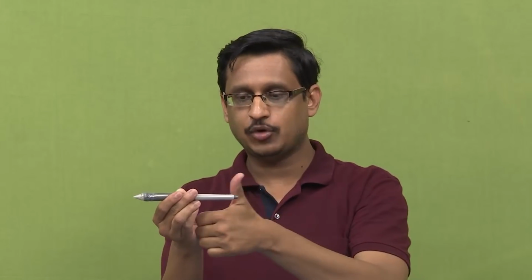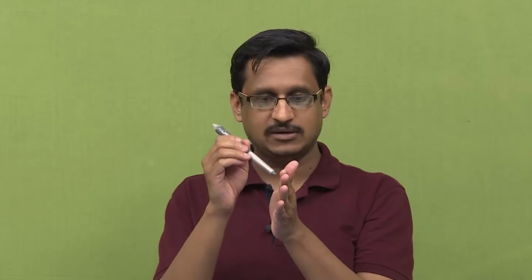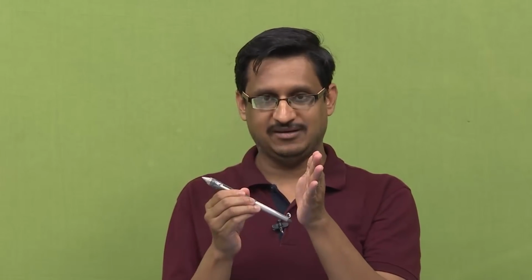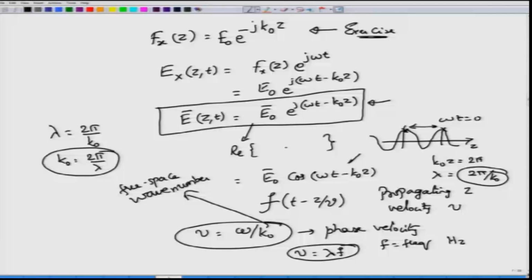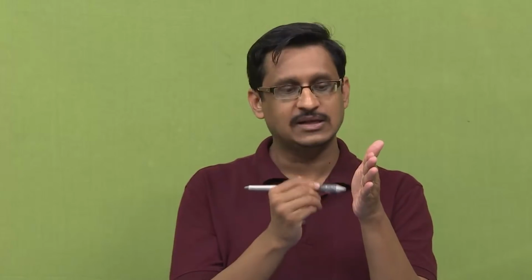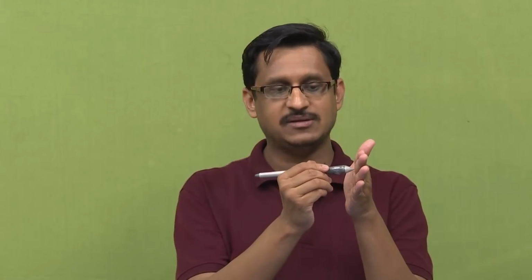When this wave propagates along the z axis, there are certain planes where the amplitude of the electric field has some value. If I consider z equal to constant, then you can see from the equation cos omega t minus k0 z that the fields do not depend on the position x and y. Any point you take in the transverse plane, the electric field value will always be the same.